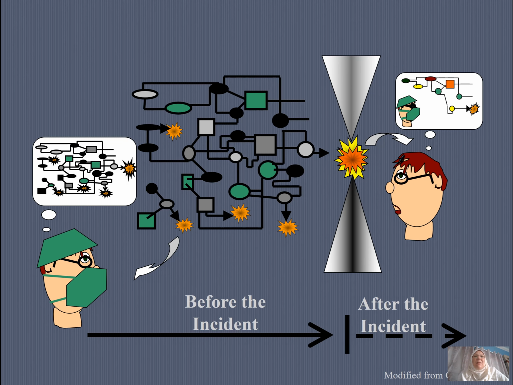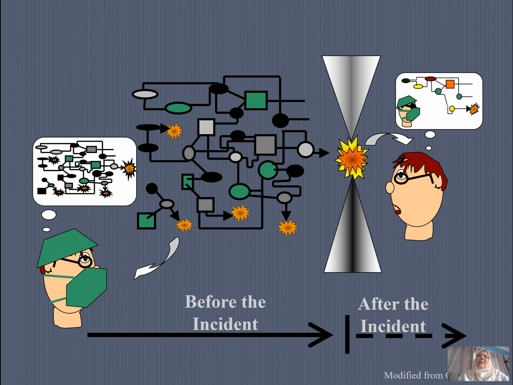And I know I've shown this diagram before, but it just wants to show how before the incident you had a lot of workflows and ways of working and a lot of errors that could happen.